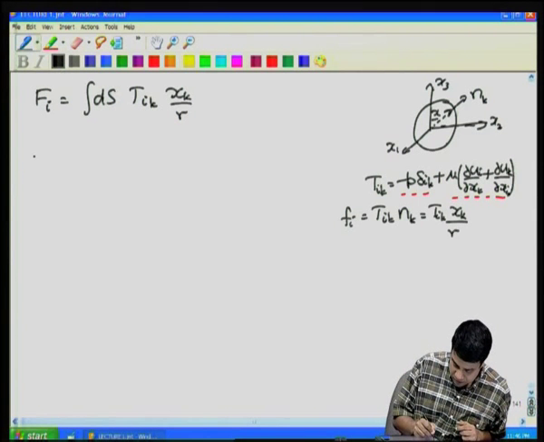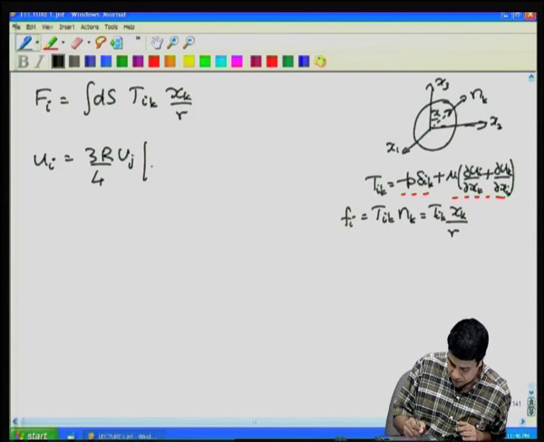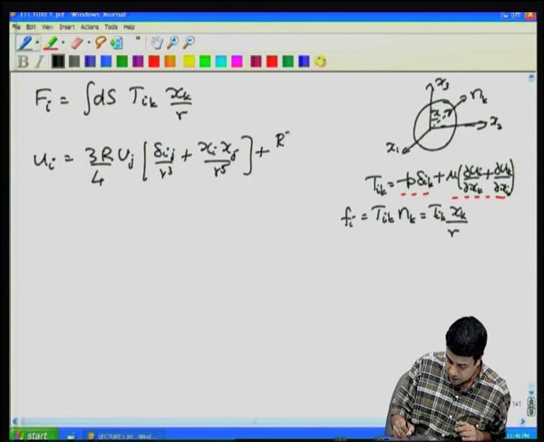U I is equal to 3 r by 4 u j into delta I j by r cubed plus x I x j by r power 5, plus r cubed by 4.